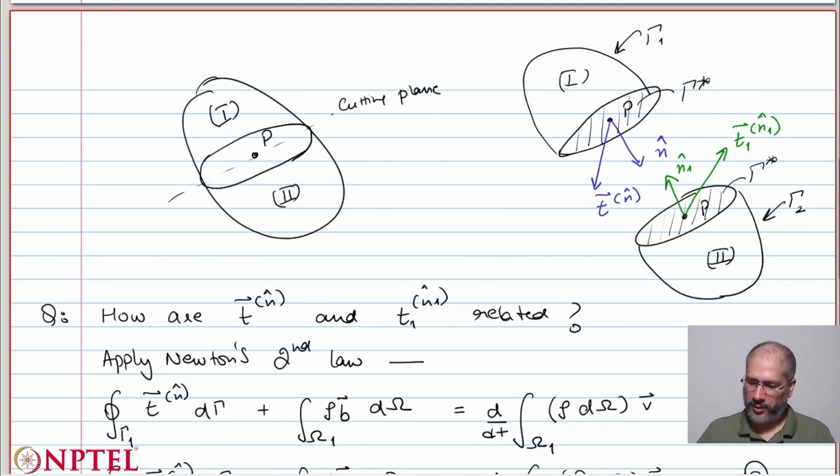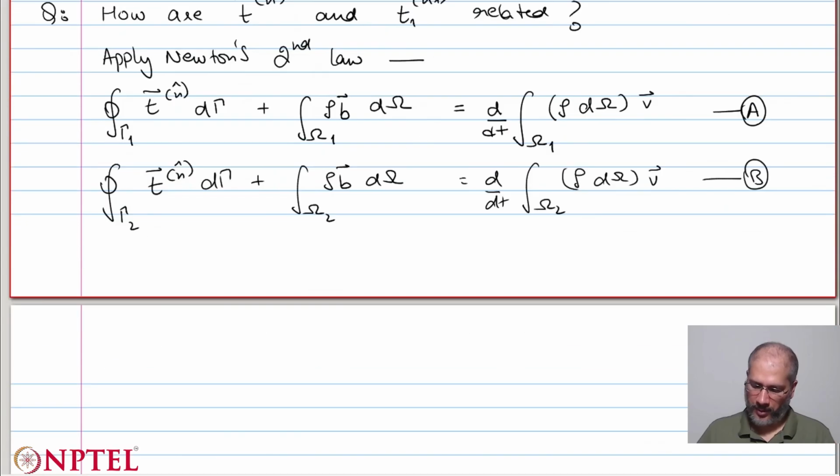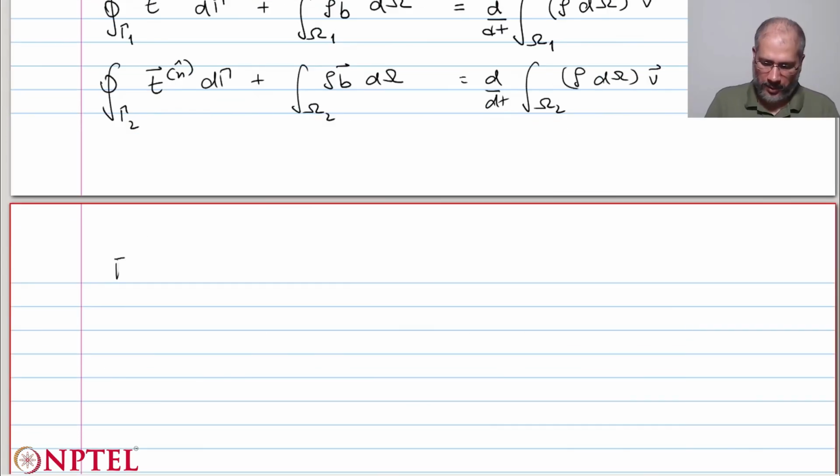So with this in mind, I can write that gamma 1 intersection gamma 2 is gamma star, because gamma star is the only area that's common between the bounding areas of part 1 and part 2.